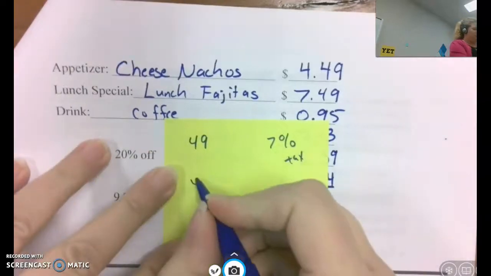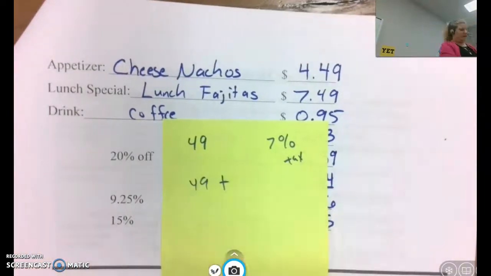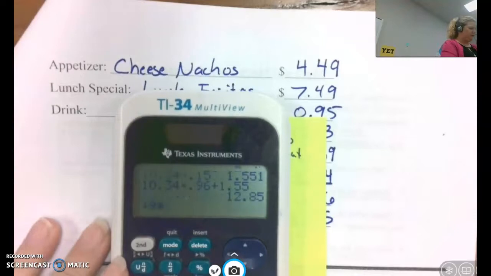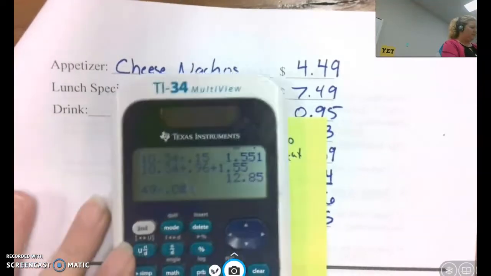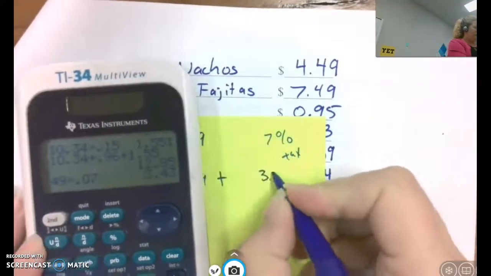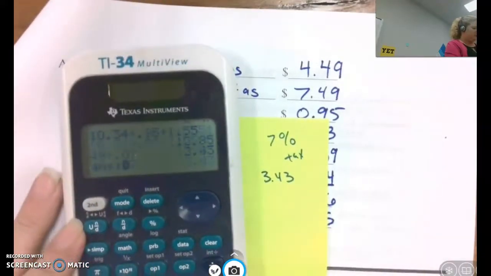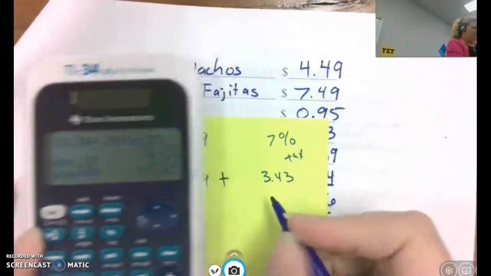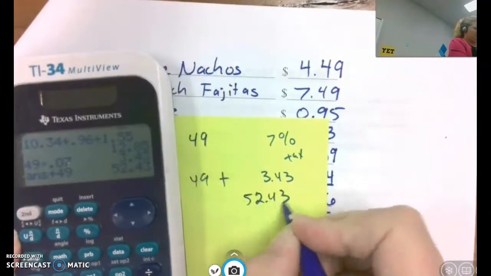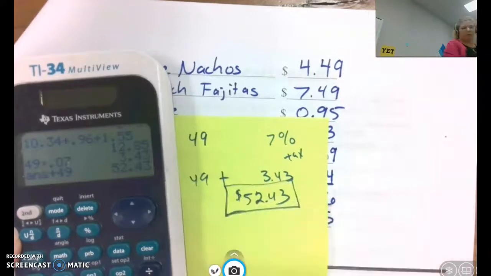So I could do 49 plus the 7%, which would be $3.43. Then I add that to 49, and get $52.43. That's option one of doing it.